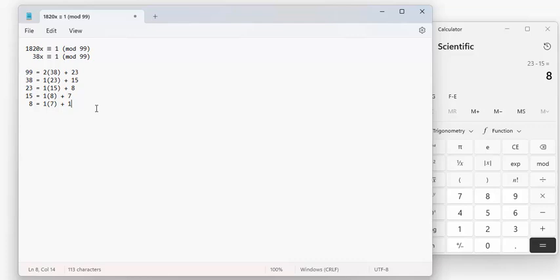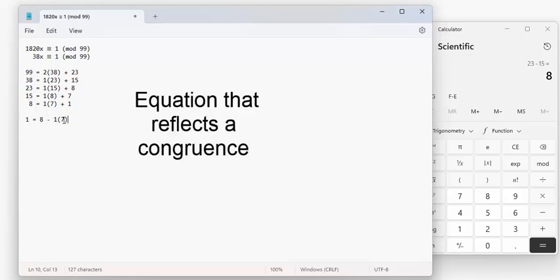Next is to do the reverse replacement. We move 1 multiplied by 7 to the left, and everything on the left we swap back to the right. So on the left we have 1 equal to 8 subtract 1 times 7. Then again, this is a congruence because we have a mod, a number and a remainder.